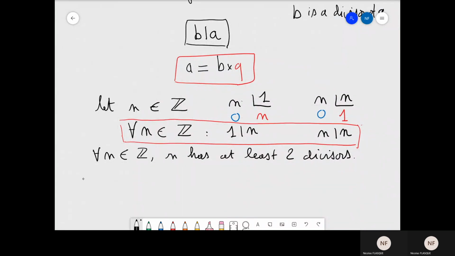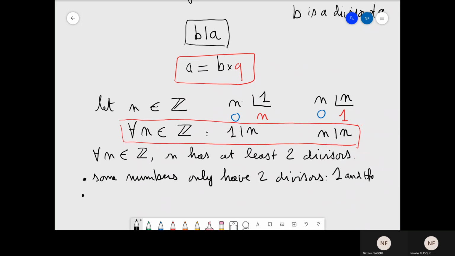So we can sort numbers by this property, because some numbers only have two divisors: one and themselves, because any number has one and itself as divisors.